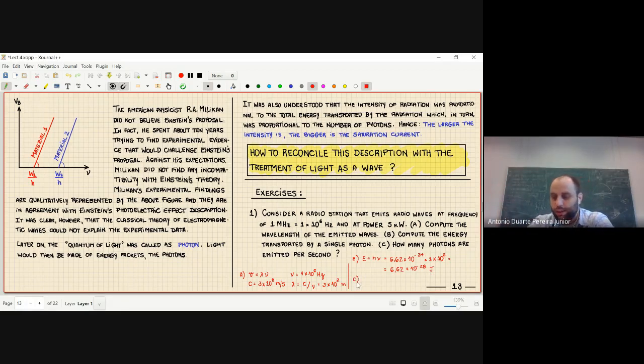And item C is how many photons are emitted per second? Well, you have the power of the source. The power is the energy divided by units of time. So you're saying that at 1 second, you emit 5 kilojoules.